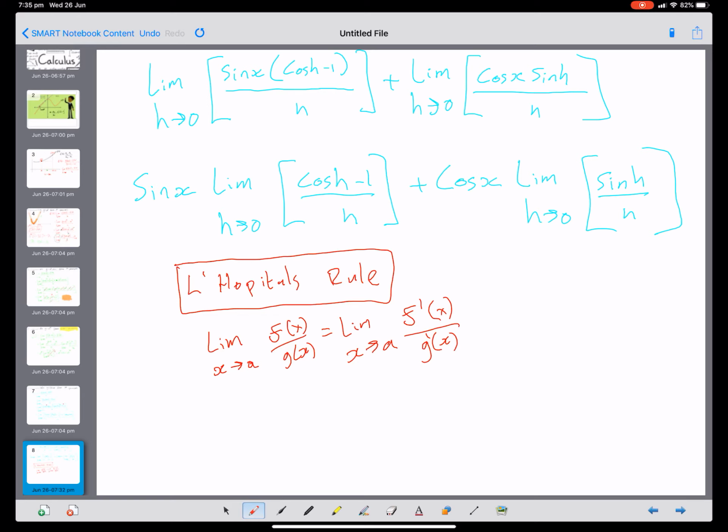So here we've differentiated the numerator and denominator.